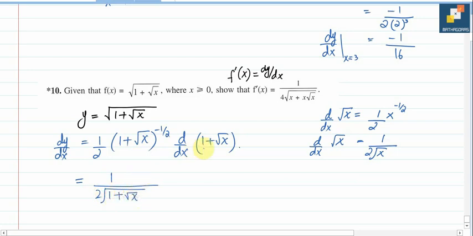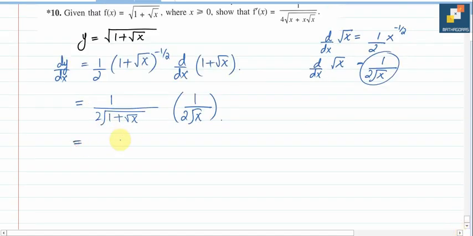For that part, differentiation of 1 is 0, and differentiation of root x we had already found out is 1 upon 2 under root x. Alright, now simply we need to multiply these two brackets, so that will be 1 divided by 2, 2s are 4. It will be under root of 1 plus under root x times under root x.